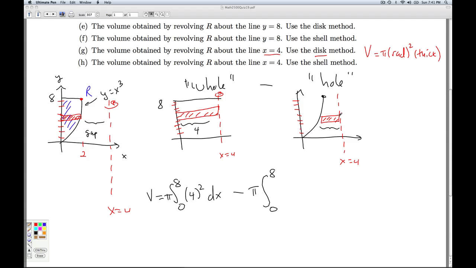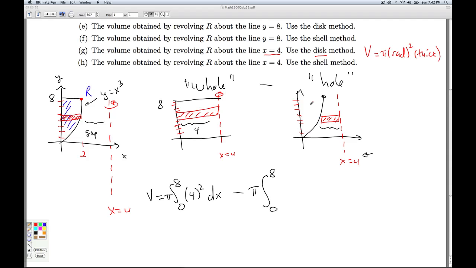Well, from here to here, I need to take the right curve minus the left curve, just like when we were looking at area between curves and we were chopping up the y-axis. So we take the right curve minus the left curve. The right curve is x equals 4. What's the left curve? Well, we've done it before, we're going to do it again.